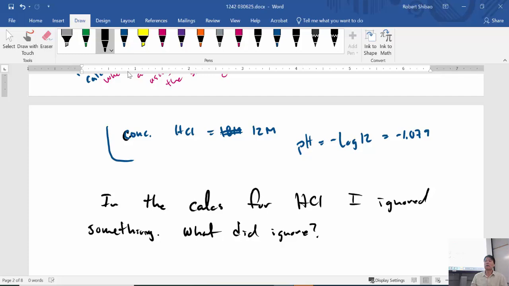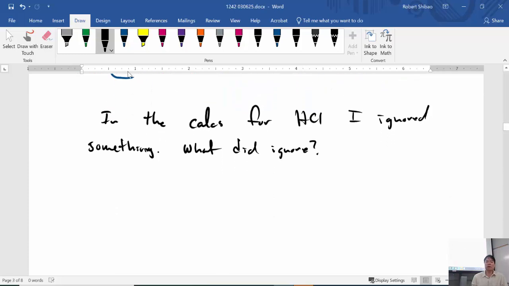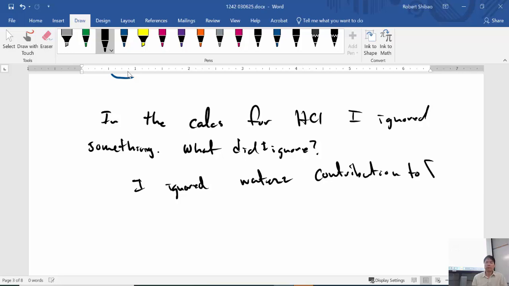Yeah, I ignored the water, because during this process, does the water stop colliding? No, the water is going to continue to collide, and that means water is going to add more H3O plus. So what did I ignore? I ignored the water contribution to hydronium. H2O does not stop colliding.